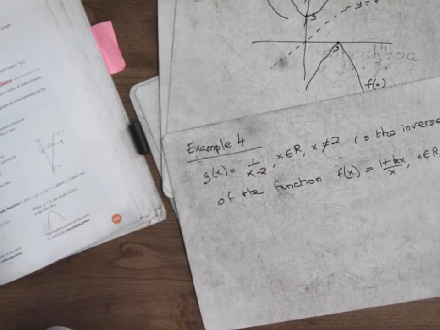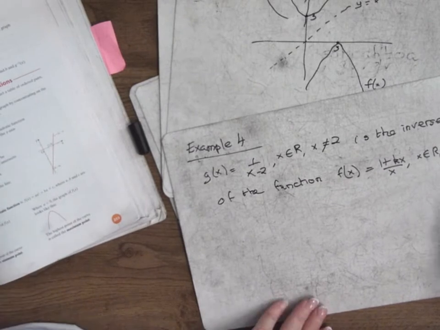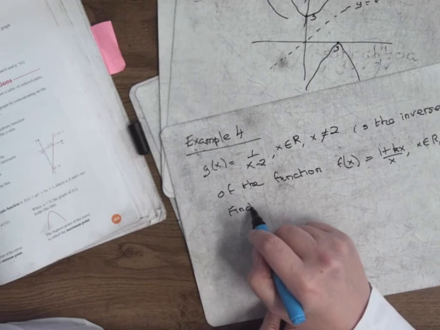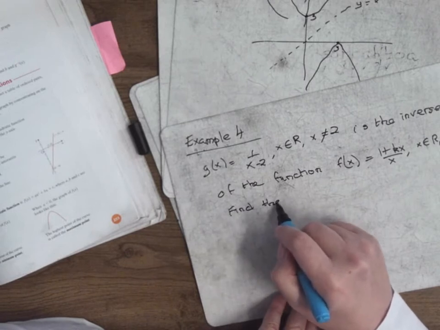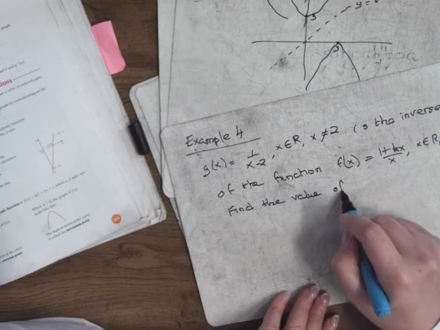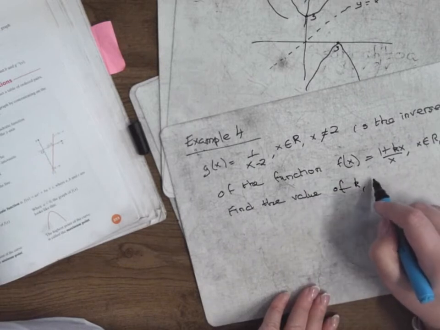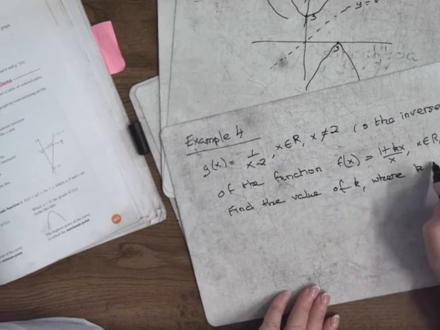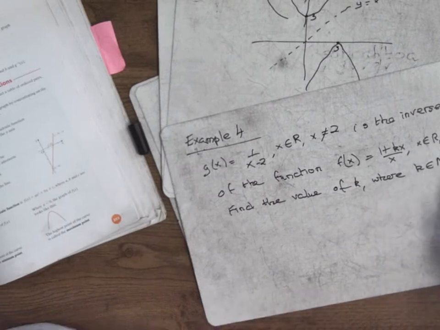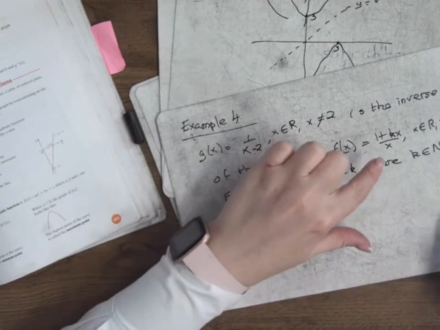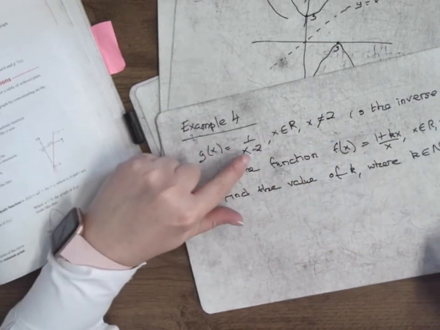They're just informing you, you don't need to do anything. Find the value of k, where k is an element of N. So k is a natural number, a positive whole number. Basically, if I get the inverse of this function, I end up with this.